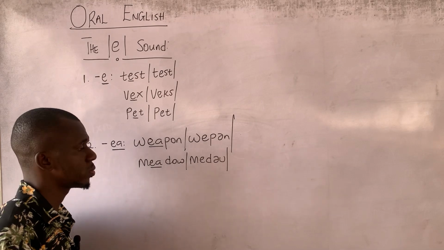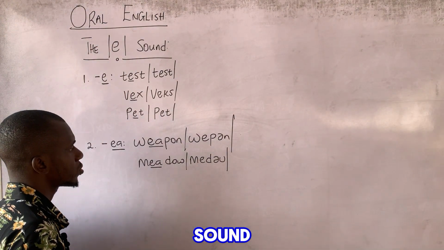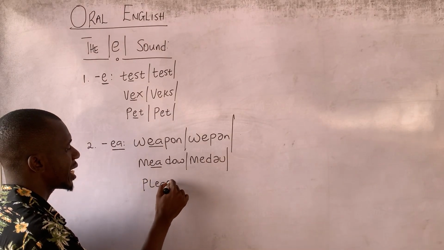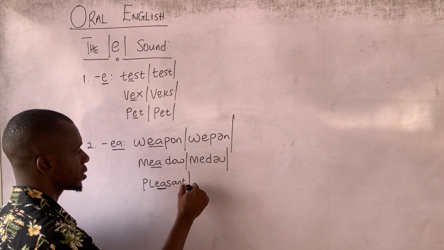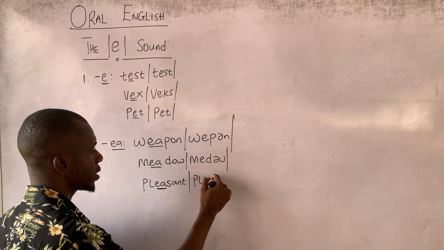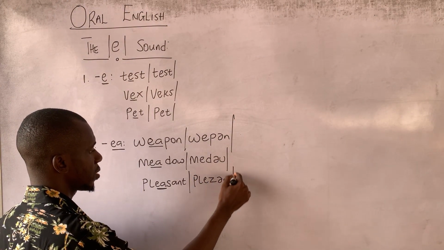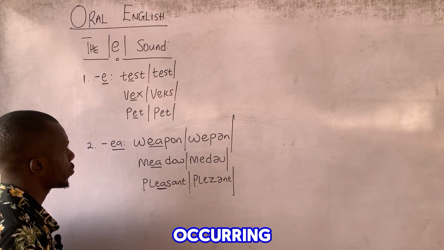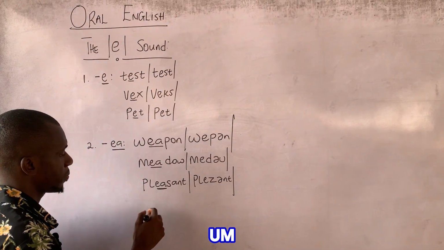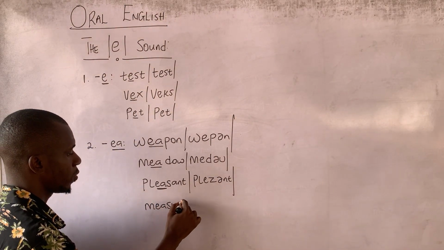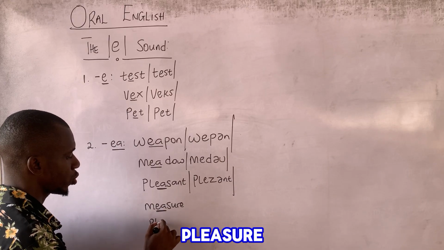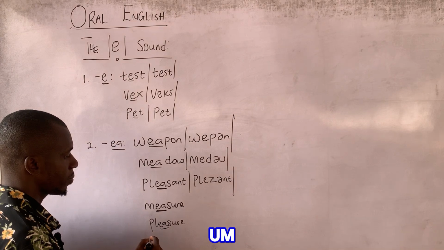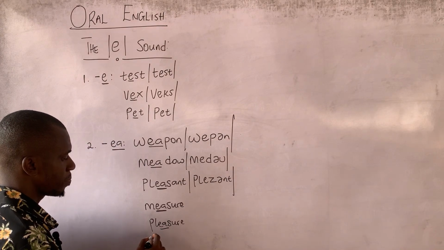We also have the sound occurring in a word like pleasant. So this is pleasant. We equally have this sound occurring in a word like measure, pleasure, and even in a word we call peasant.